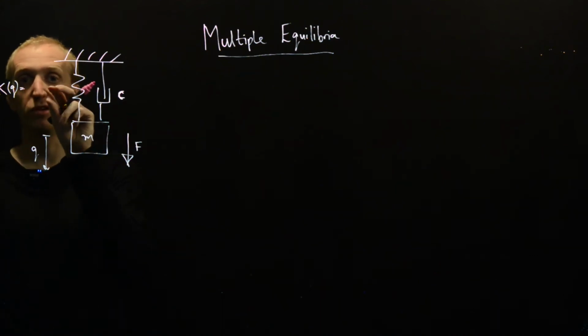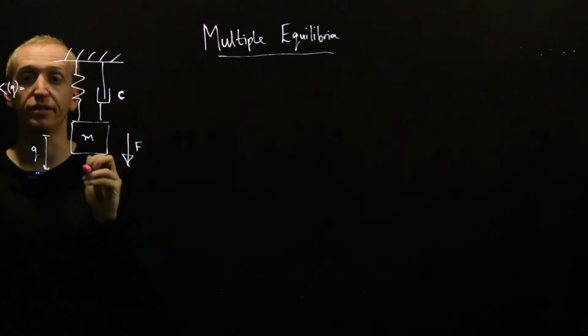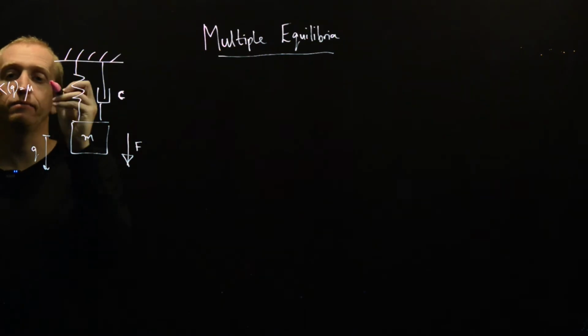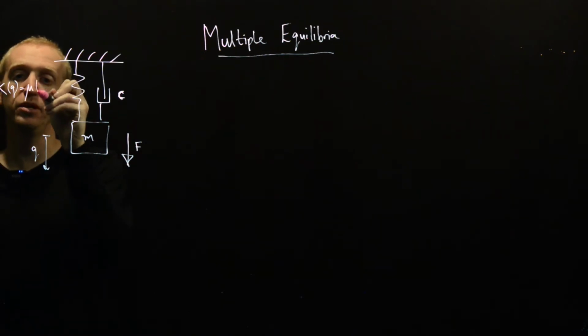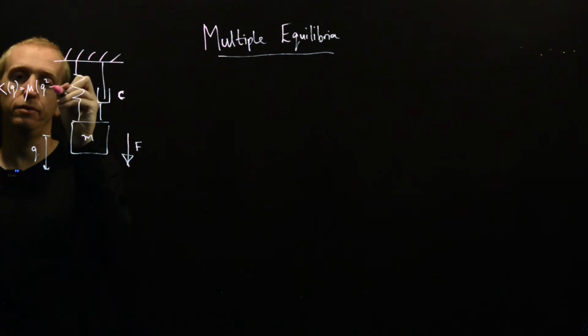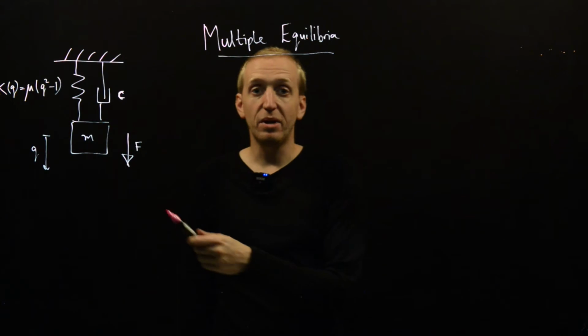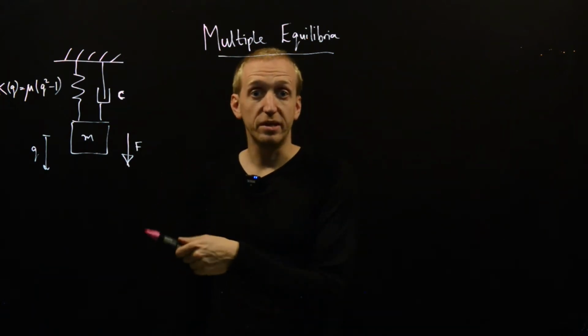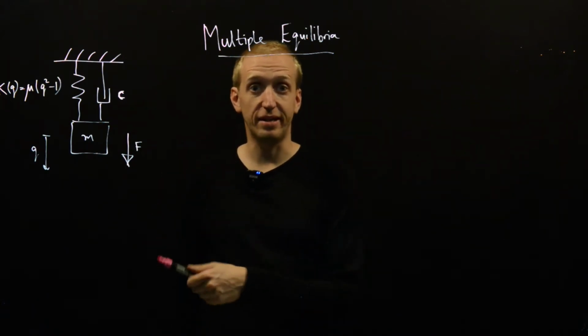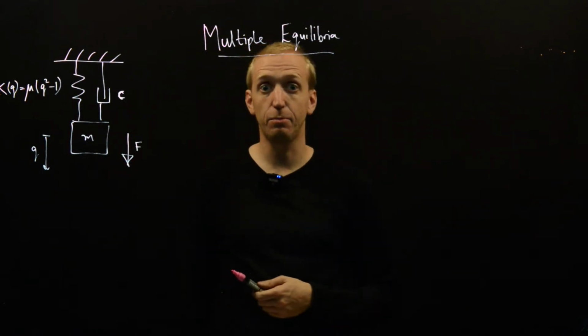It's just this time the nonlinearity is on the spring rather than on the damper. So we're going to say the spring constant is equal to mu, and then we put our q squared minus 1 in. And because this is so similar, it's easy to put into our state space form in exactly the same way that we did for the Van der Pol example.